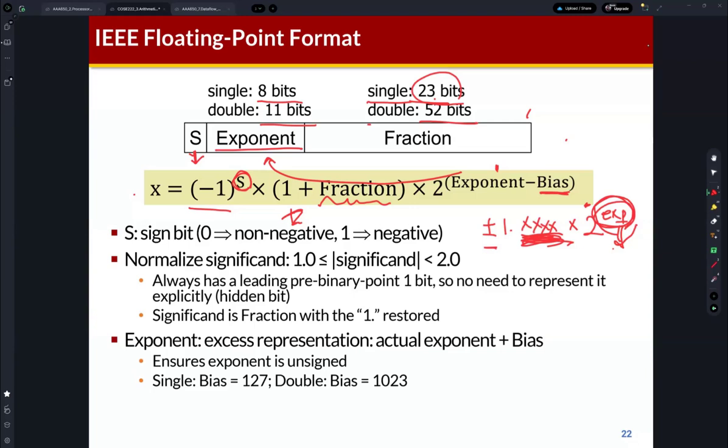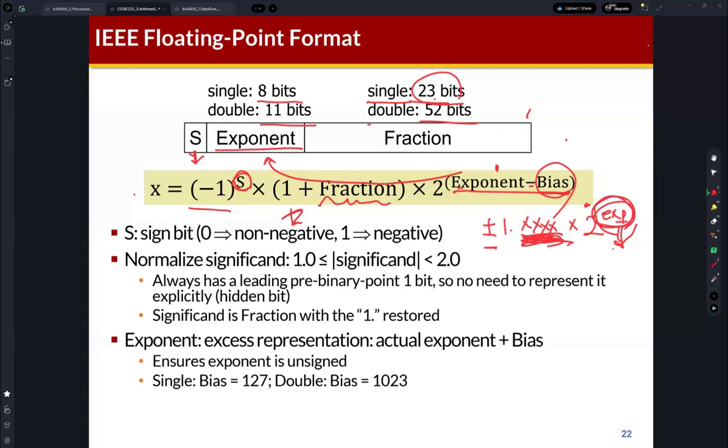Then you may think we can use 2's complement numbers like integers for the exponent part. But in this floating point format, we do not use 2's complement. We just use the bias number, so the actual value is the exponent minus bias.